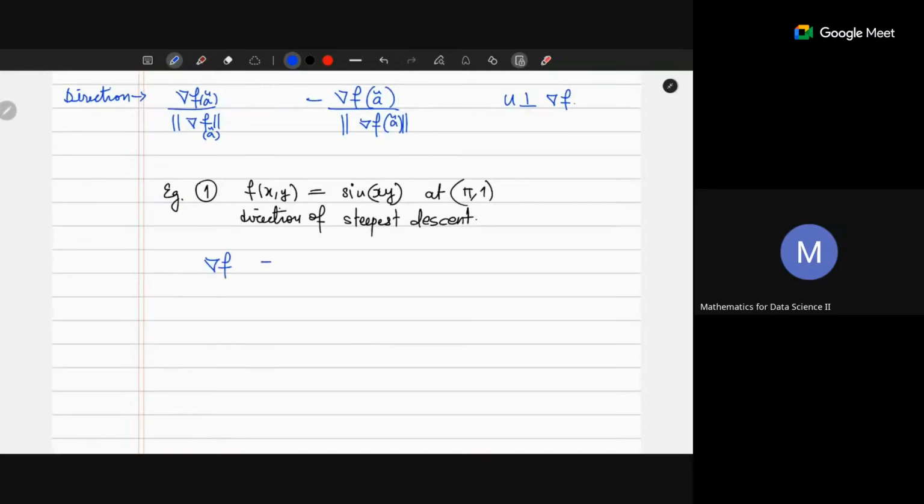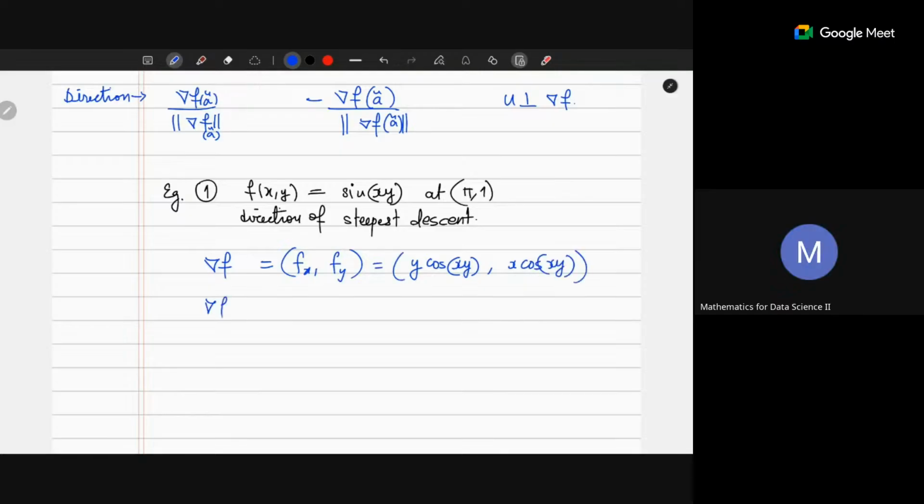So first let us find out the gradient and then we will evaluate at a tilde. So what is the gradient of this function? It is f_x, f_y. Now what is f_x, f_y? y cos xy and x cos xy. Correct.